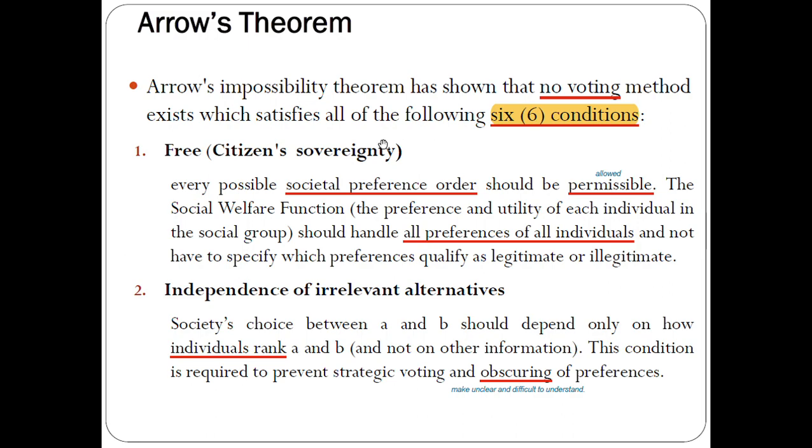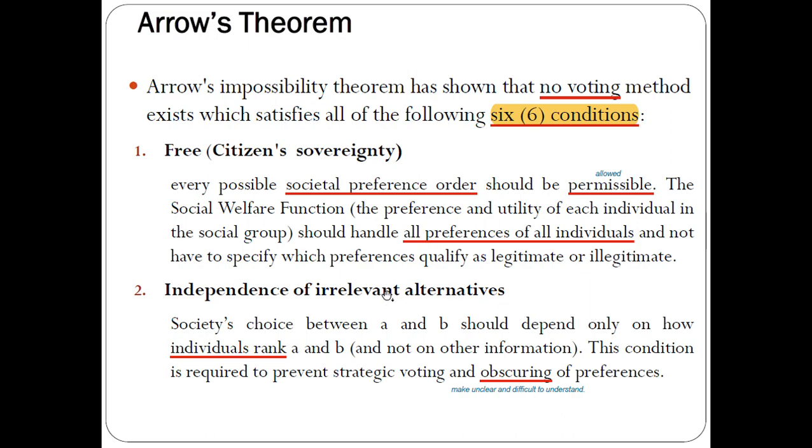One is free citizens' sovereignty. Every possible societal preference order should be allowed or permissible. Okay, the social welfare function: the preference and utility of each individual in the social group should handle all preferences of all individuals and not have to specify which preferences qualify as legitimate or illegitimate.